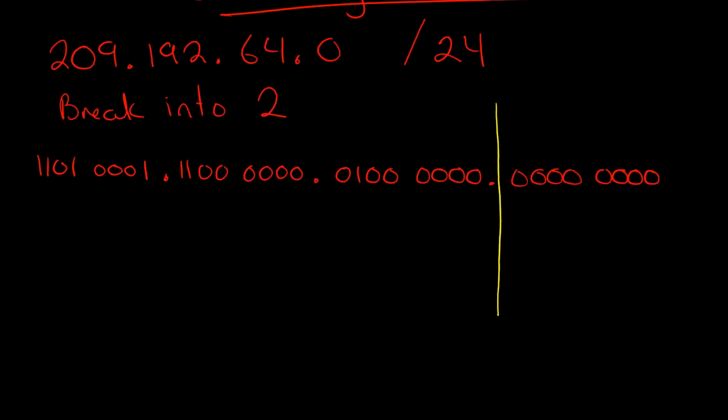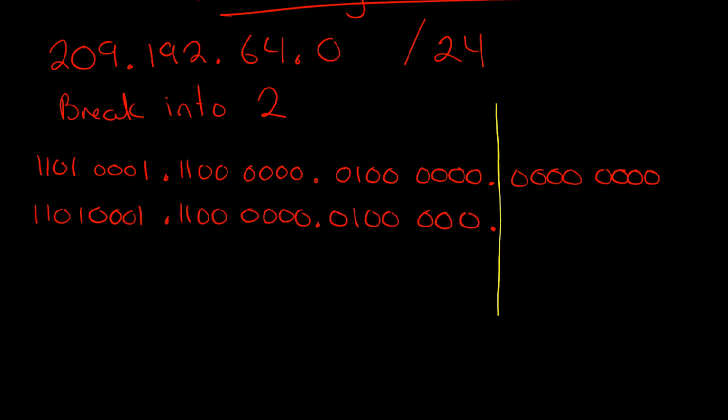The broadcast address is the exact same address, but where all the host bits are 1. So everything before the network break stays exactly the same. This is the network portion of the address. And everything after, the host bits, all become 1s.